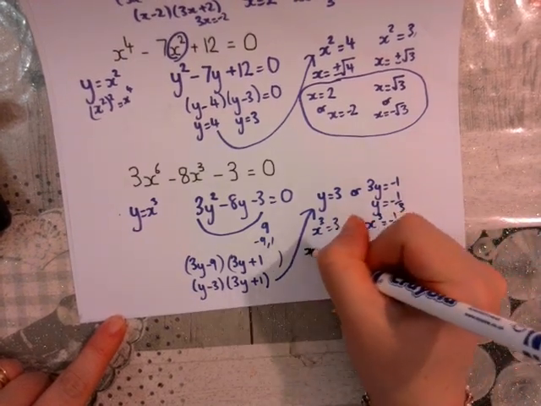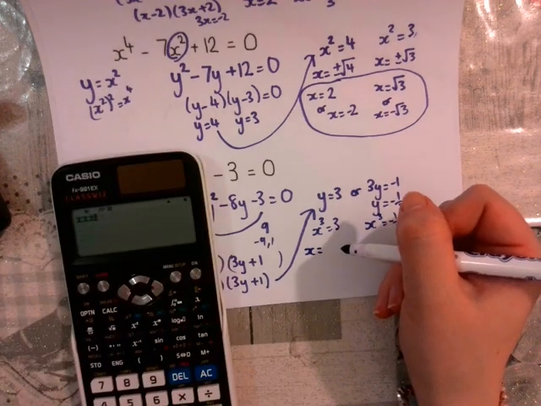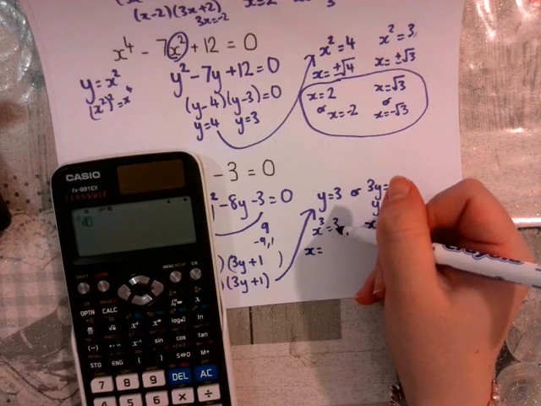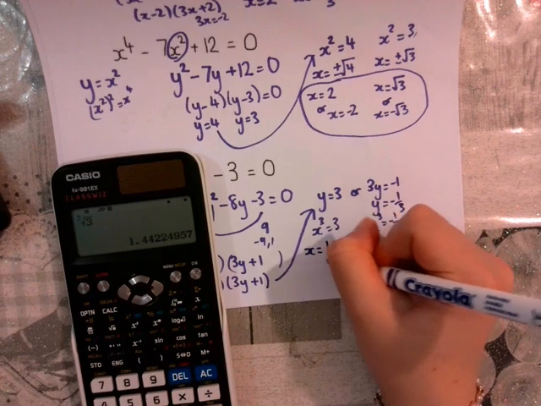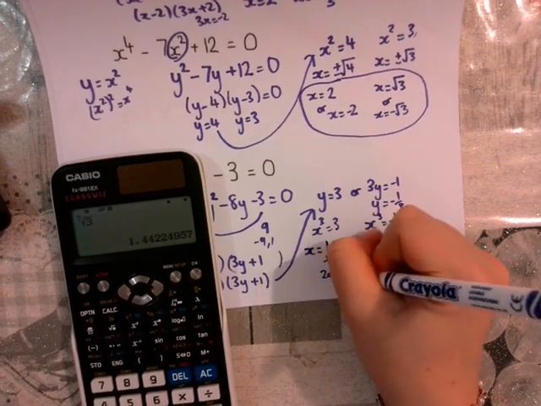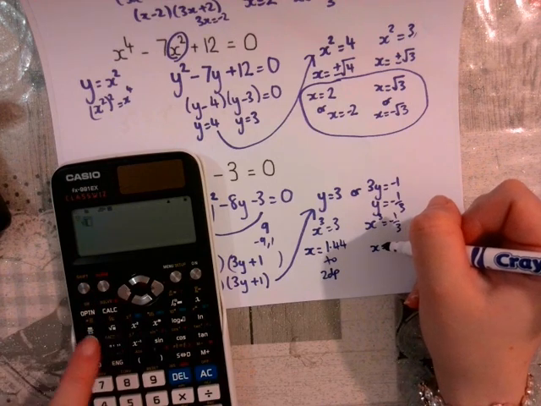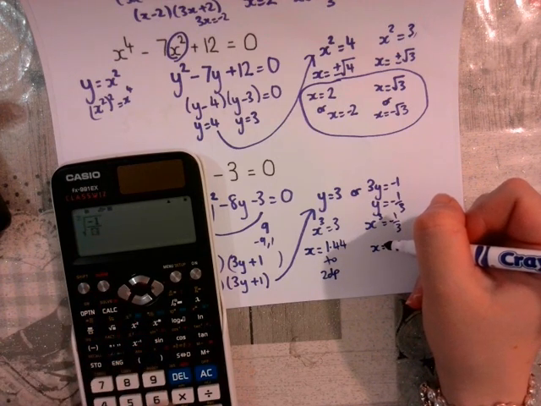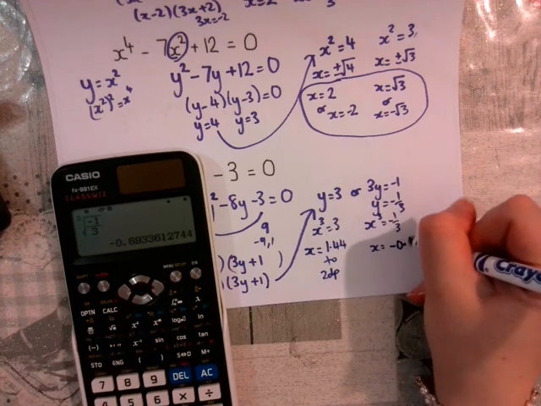We can still work them out and there will only be one answer. So we're just going to do the cube root of 3. So that would be 1.44 to 2 decimal places. And then the cube root of minus a third, so I'll just do minus 1 over 3, so you get minus 0.69.